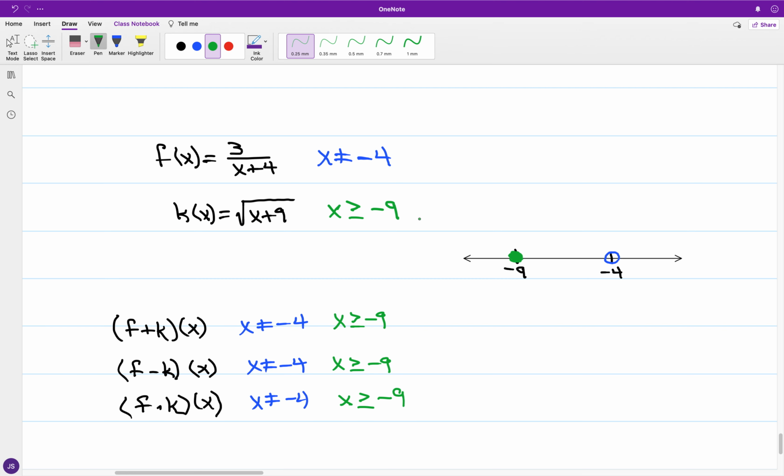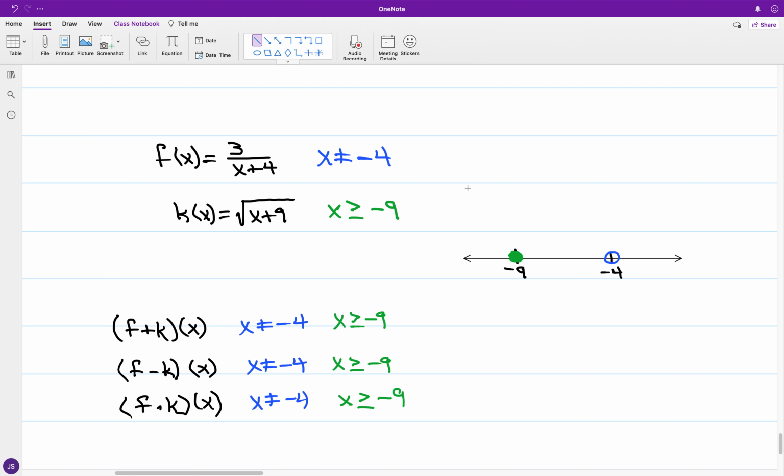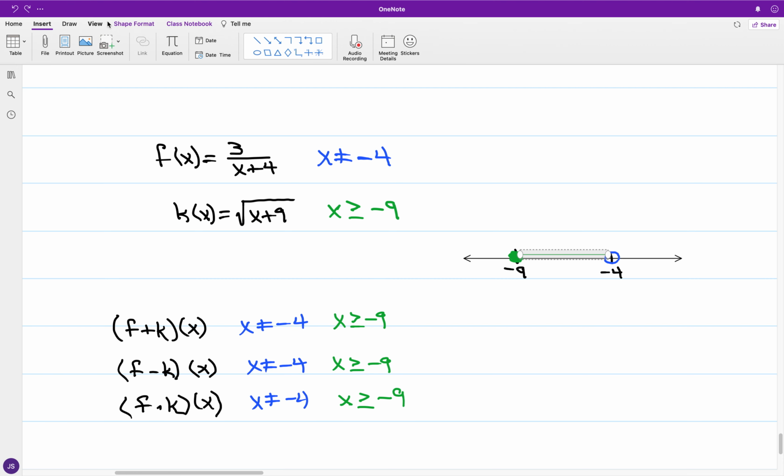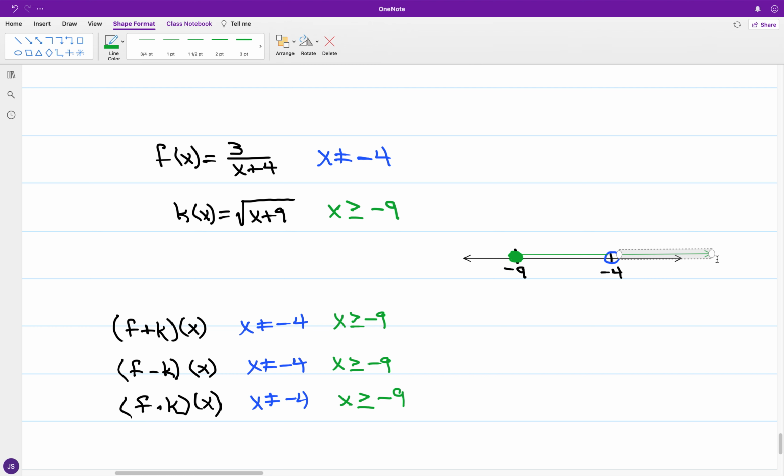So I'm going to have a line segment connecting negative 9 to the hole at negative 4. For the rest, we have a ray that is going to go out to the right and tend to infinity.